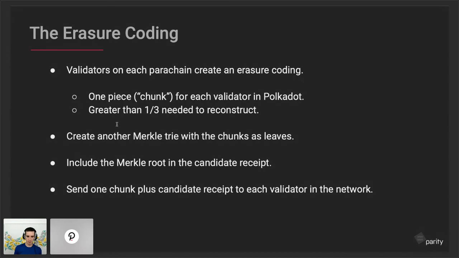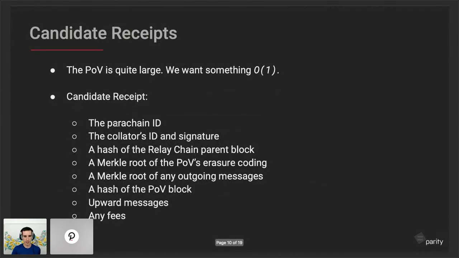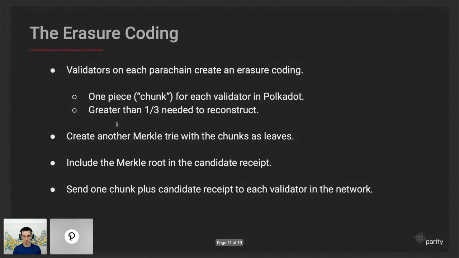And so the thing that we're actually going to put into the candidate receipt, when I said it's the Merkle root of the erasure coding, we're just going to take these 1,000 pieces and make another Merkle tree out of them and put the root of that into the candidate receipt. So it doesn't really matter how many validators there are in this set.